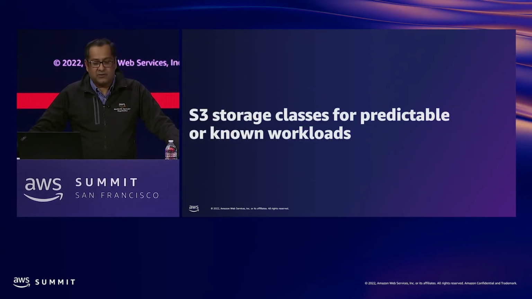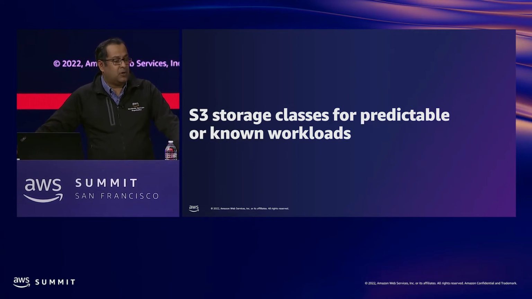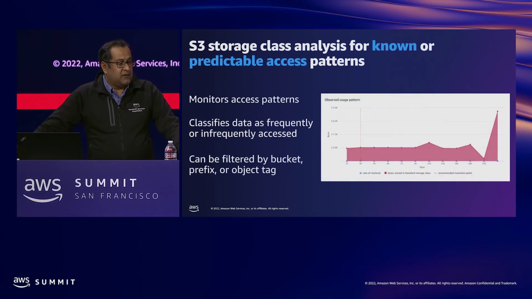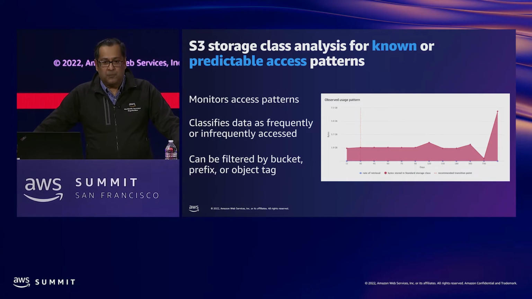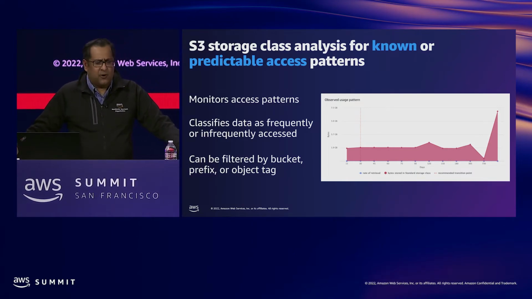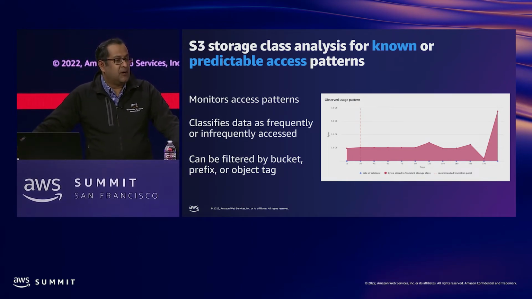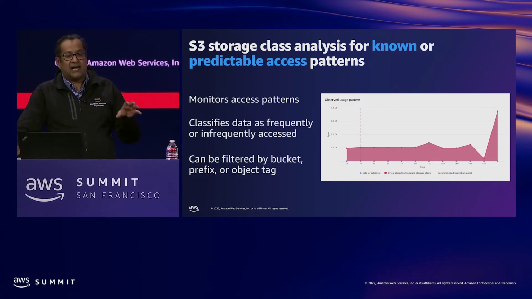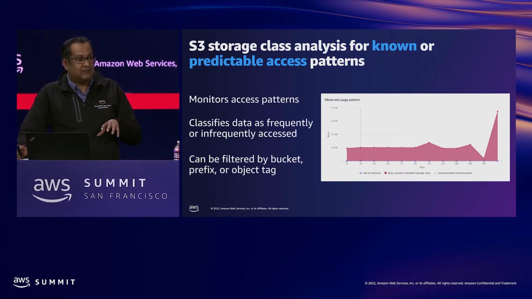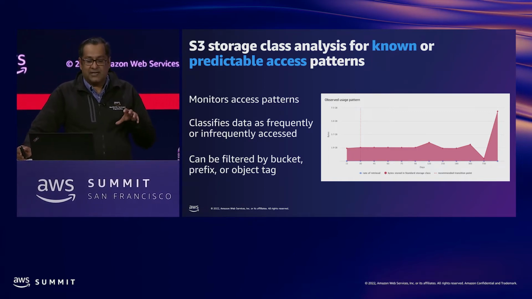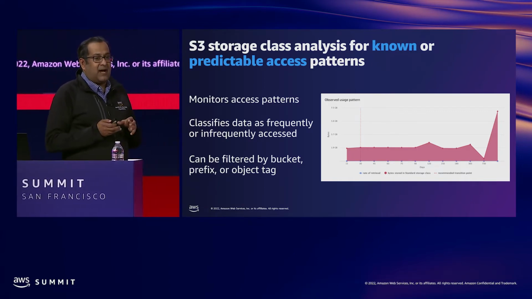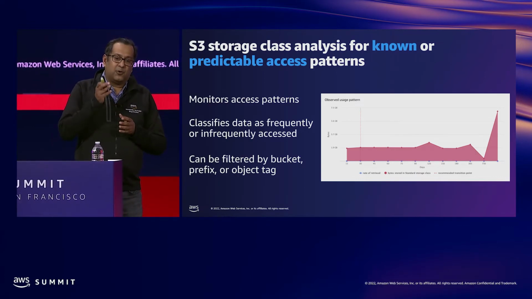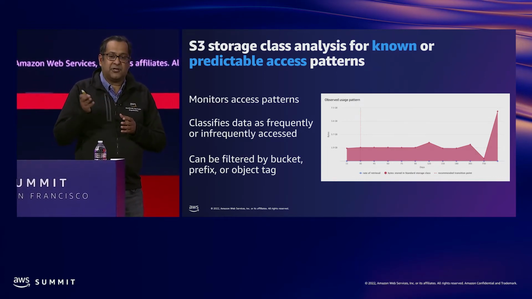So let's talk about data with predictable or known patterns. For that one, we have a tool today within S3 called Storage Class Analysis. What it does, if you turn it on, you let it run for about 30 to 45 days to let it collect data, and it monitors the access pattern for your data, right? And based on the analysis it does, it will identify the point in which we recommend that you start tiering your data.